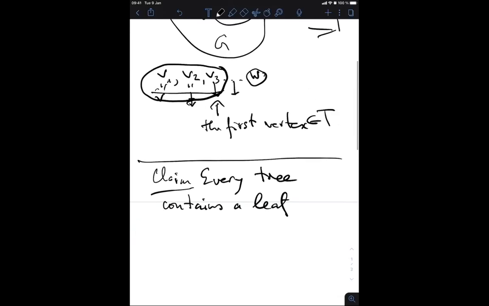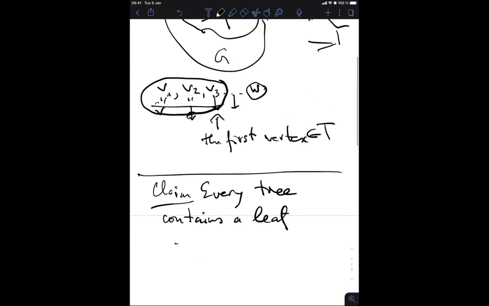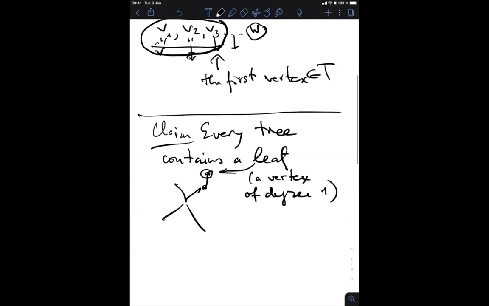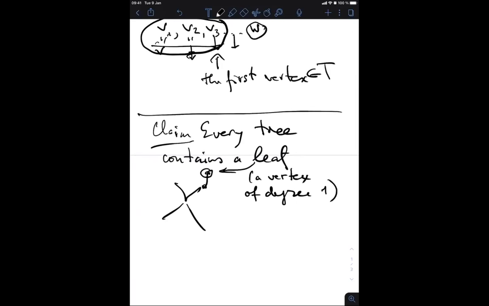And the leaf is a vertex like this. This is a leaf, a vertex of degree 1, or hanging vertex, as it is sometimes called. And the argument is as follows.